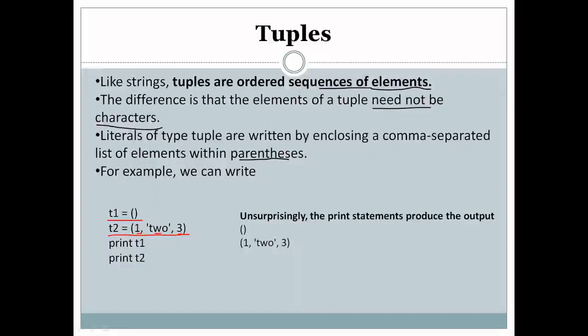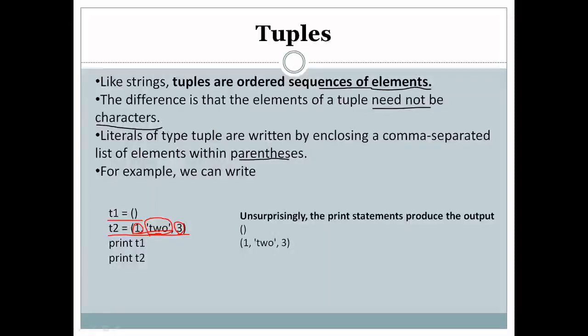Looking at the values, the first and the last, 1 and 3, are of type int. But the second one is enclosed in single quotes, which means the second element is of type string.